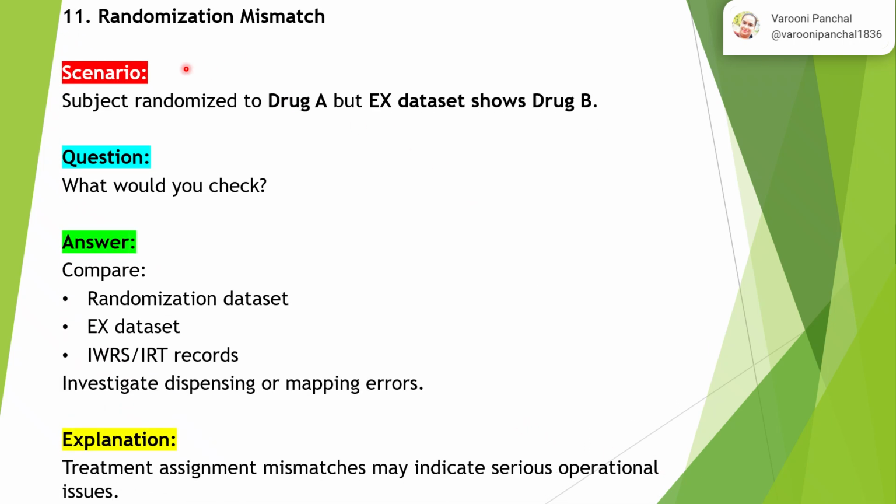Number 11. Randomization mismatch. Subject randomized to drug A but EX dataset shows drug B. What would you check? You can check the randomization dataset, you can check the EX dataset, IWRS, IRT records, you can investigate dispensing or mapping errors. Treatment assignment mismatches may indicate serious operational issues.